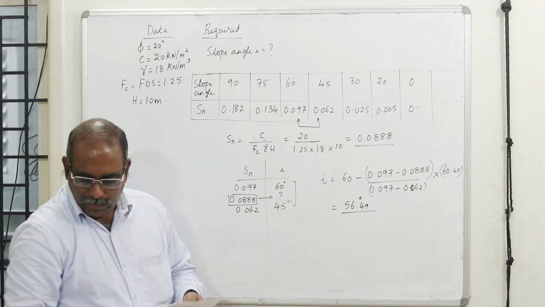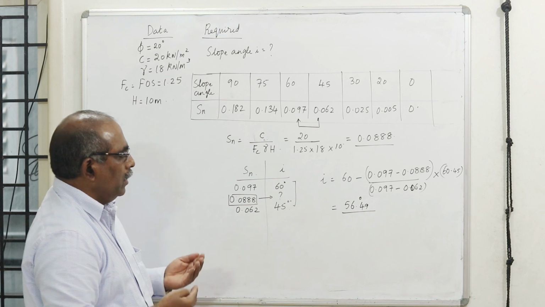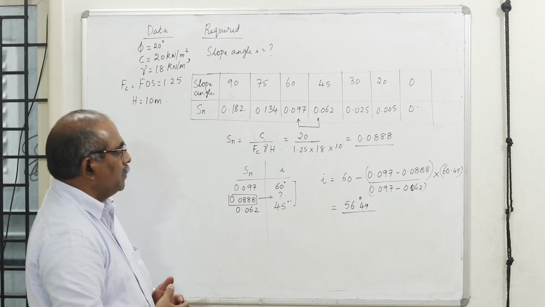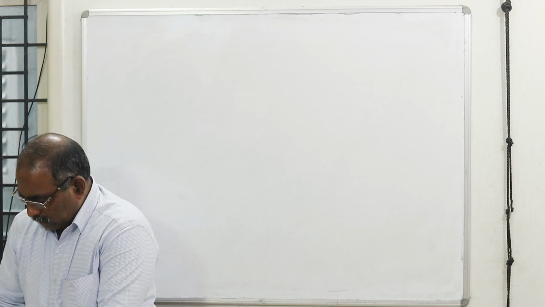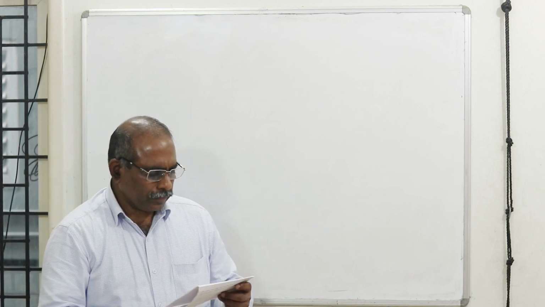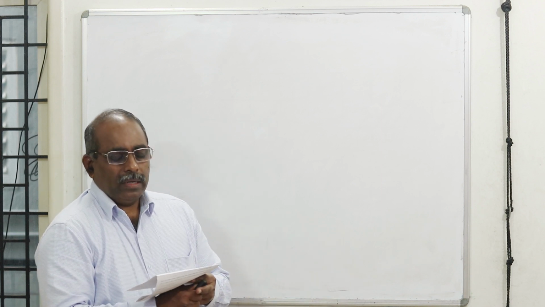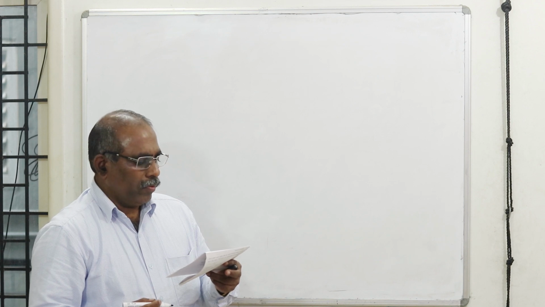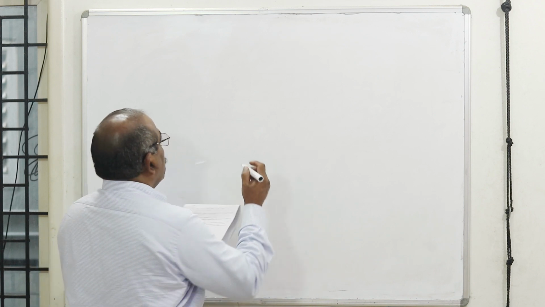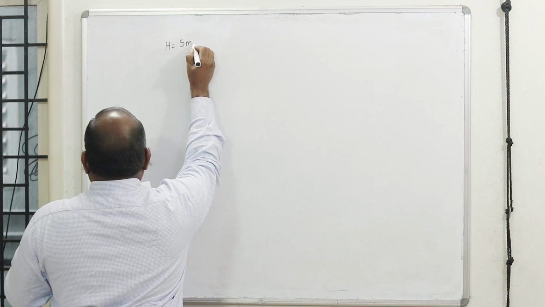Now we will try to work out canal running full and canal emptied. Students, we will go to the next variety of problem. A new canal is excavated to a depth of 5 meters below ground level in a soil having the following characteristics. The depth of excavation H is 5 meters. It's a new canal.